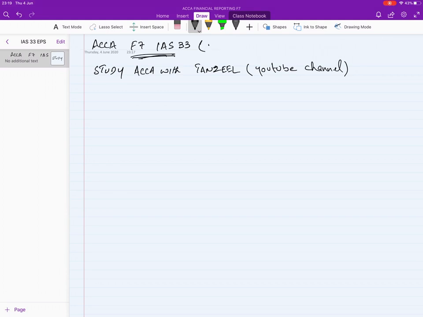which is EPS, earnings per share. Let me give you the basic concept before we move forward. Basic EPS is for the ordinary shareholder. Not everybody is a chartered accountant, like you or me. Anyone who is not a chartered accountant is an ordinary person.